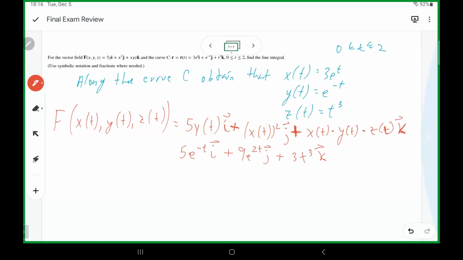All right, so then we have dr equal to 3e to the t i minus e to the negative t j plus 3t squared k dt.